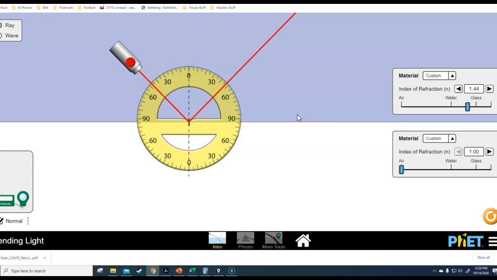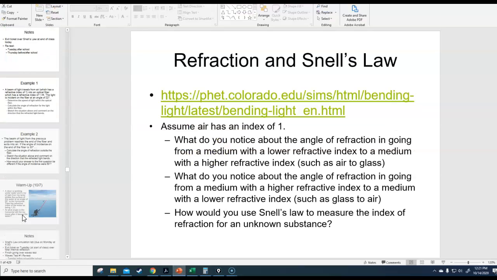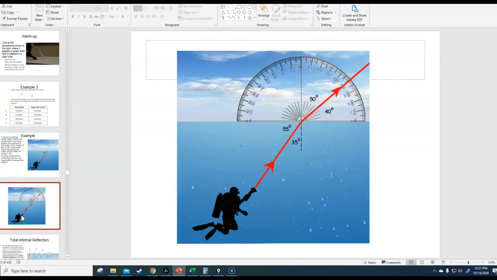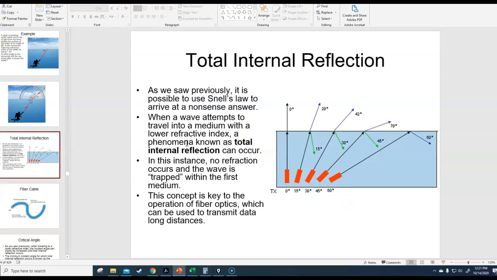This is called total internal reflection, not refraction, reflection, because the light is basically stuck in the fiber. There's light in the fiber, but it's hitting the boundary and it reflects at the boundary rather than refracts. So this is called total internal reflection. Make sure you add this to your notes.